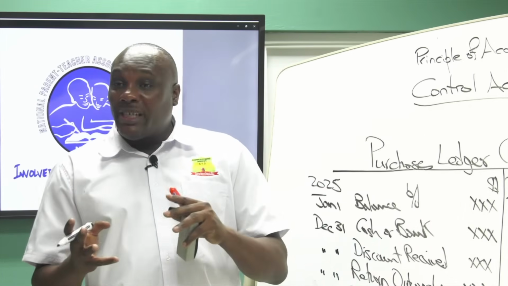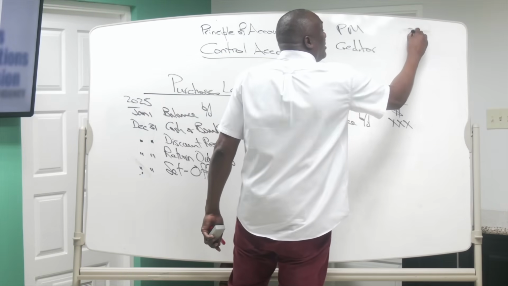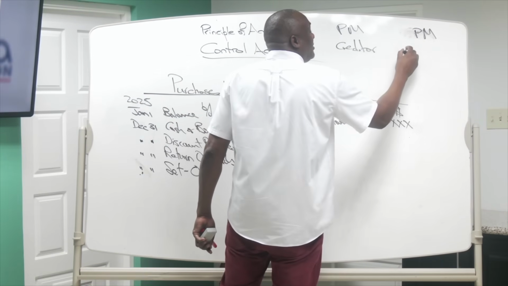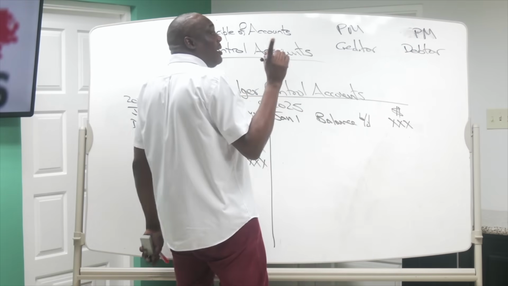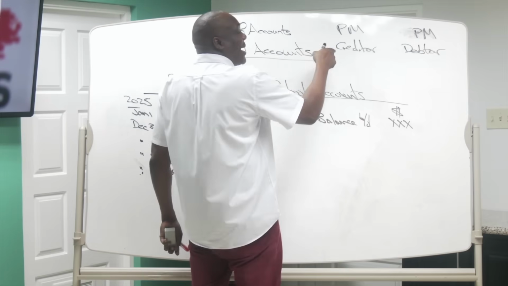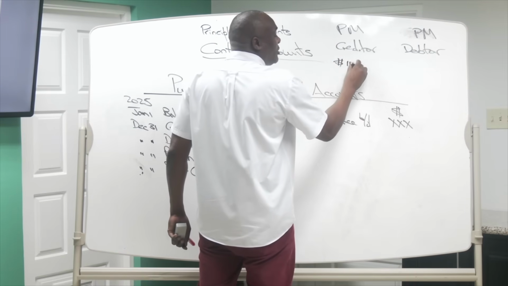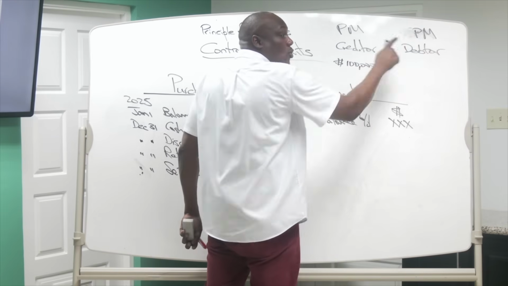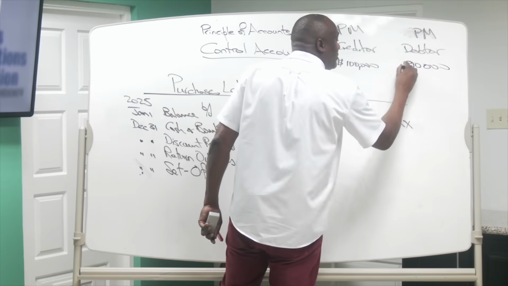Farmer Joe sells Price Mart on credit, so hence Price Mart, PM, is the debtor. So Farmer Joe owes Price Mart, in this case, say $100,000. Price Mart, who is a debtor, owes Farmer Joe, say $90,000.